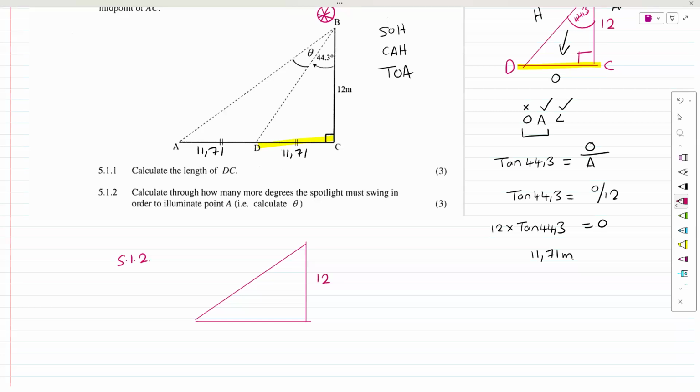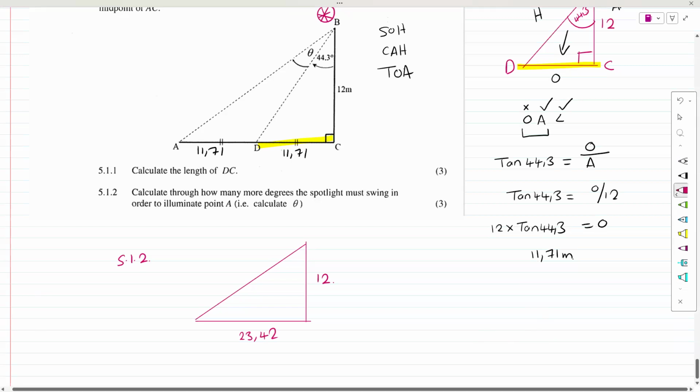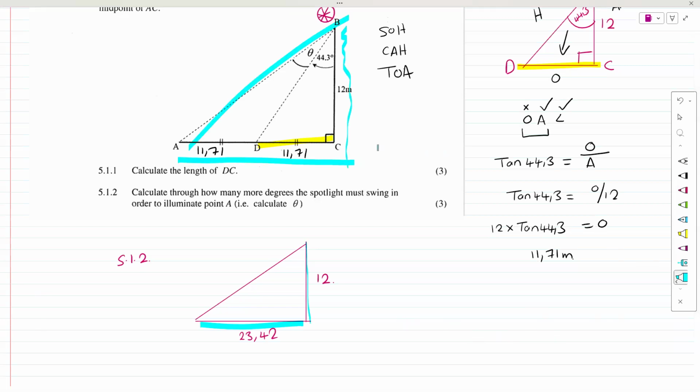This would be 12, and this would be 11.71 times 2, which is 23.42. Where did I get 23.42 from? There and there. We got it from here.